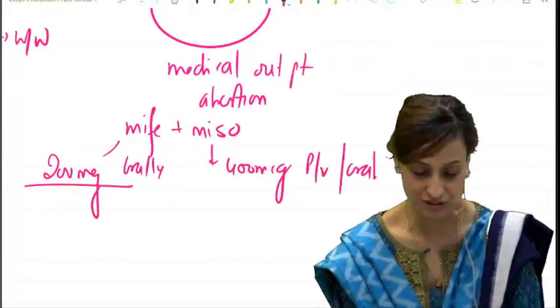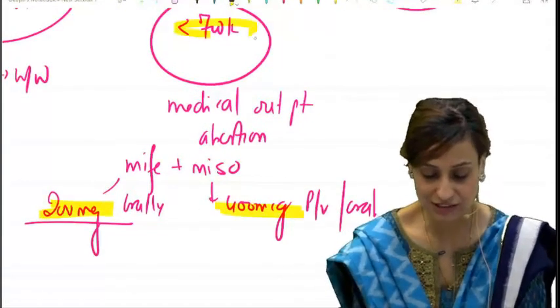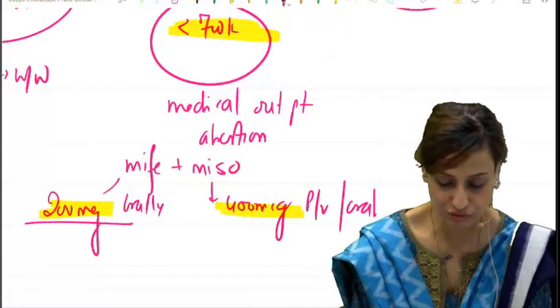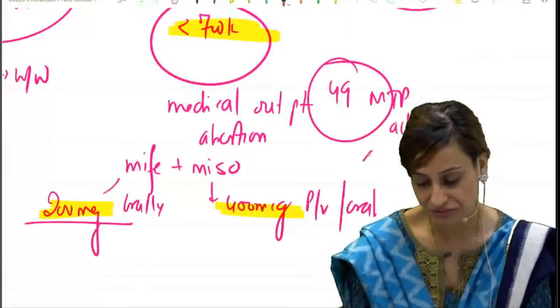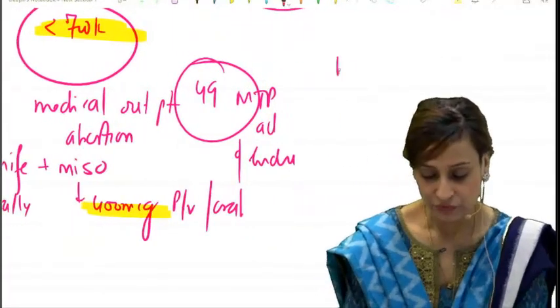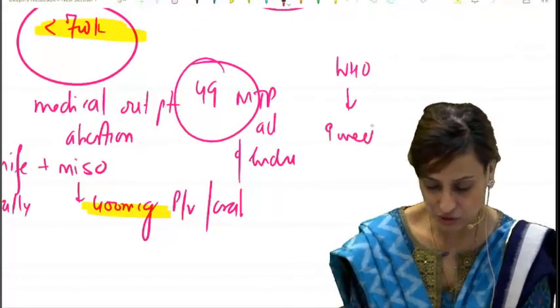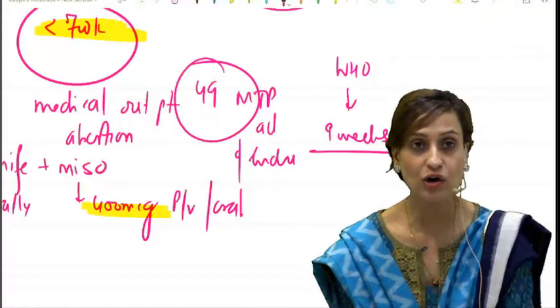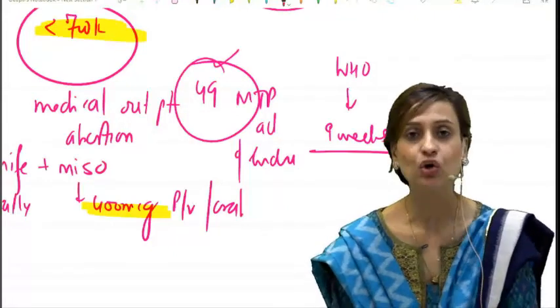The most important thing, apart from the doses, is that it is allowed only up to 49 days as per the MTP Act of India. Do not get confused. There is no doubt that WHO approves it for 9 weeks or 63 days, but this is a law in India and we follow the law of the land, which is 49 days or 7 weeks, right?